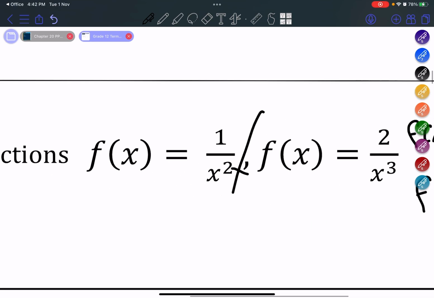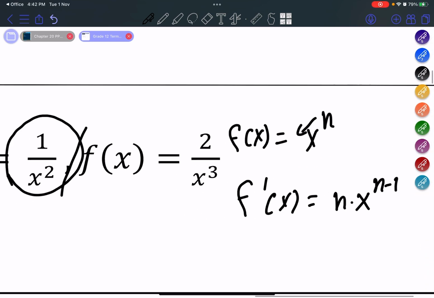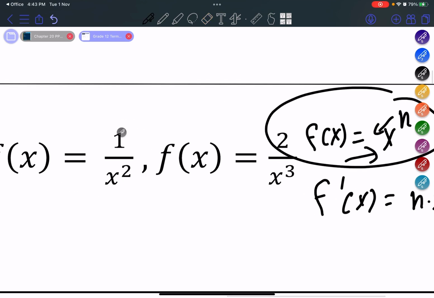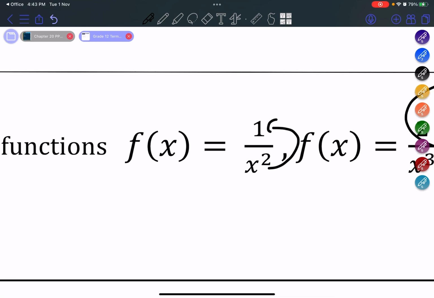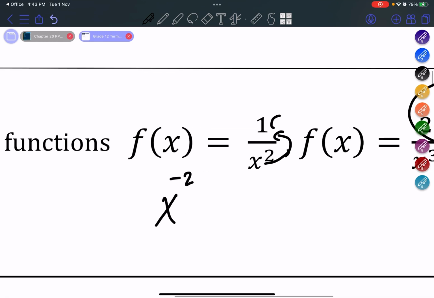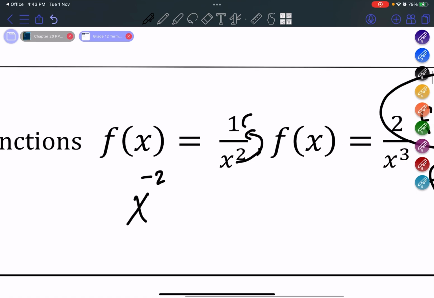If we go here, we don't like having the function in this form, because in the rule it's not in the form of a fraction, so we will just flip it, and with flipping the fraction we shall flip the sign of the power. So if we flip this function it becomes x squared, but because we flipped it, it shall be x power negative 2.